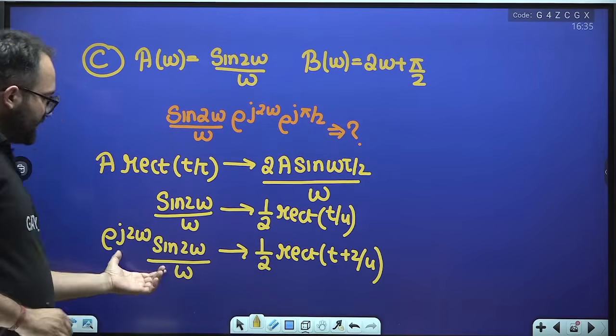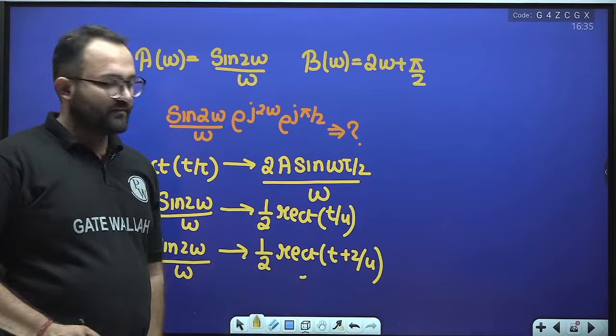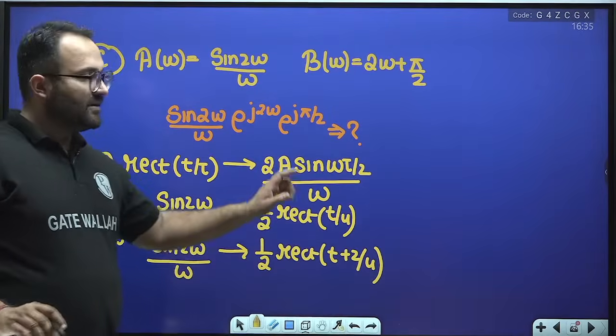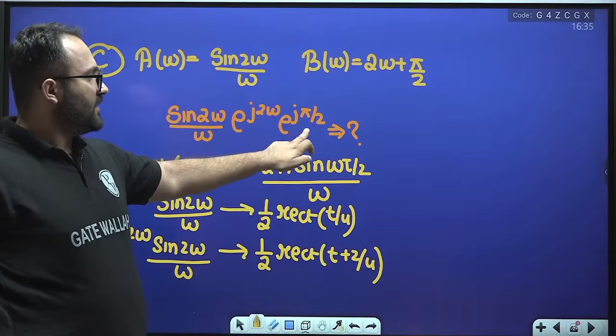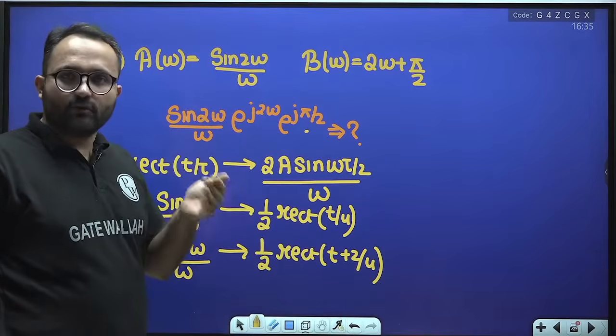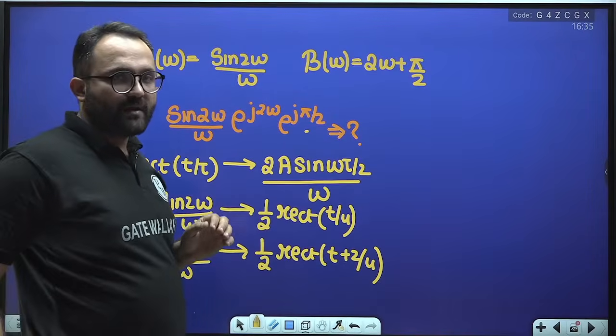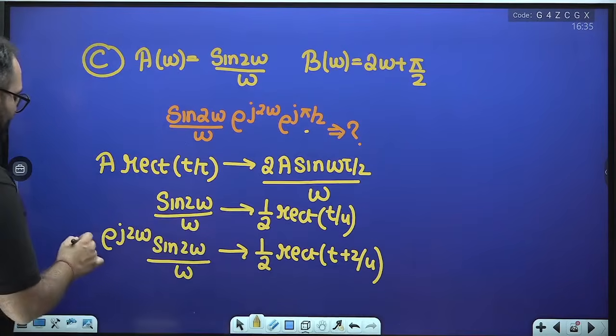So we can see that this is equal to this time domain signal. Okay, but we have e to power j pi by 2 multiplied here. E to power j pi by 2 is only j. So we'll multiply j here.